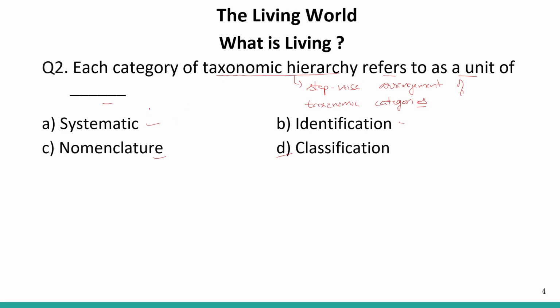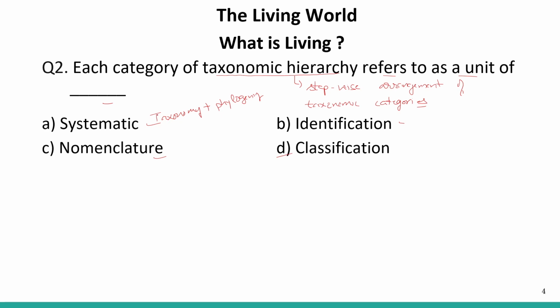Alright, systematic. I've told you what is taxonomy. So systematic is just taxonomy, plus it includes one more factor which is known as phylogeny, meaning the evolutionary relationships.